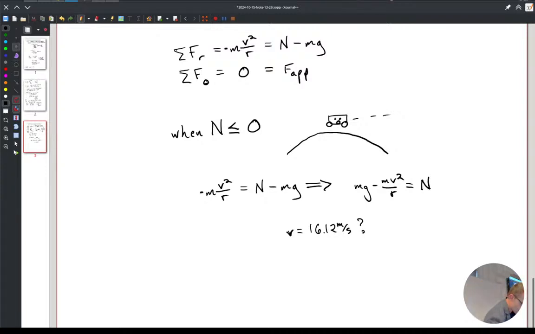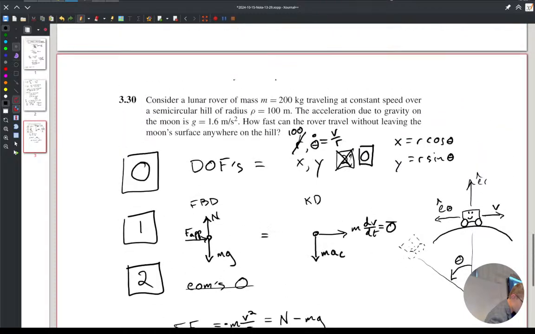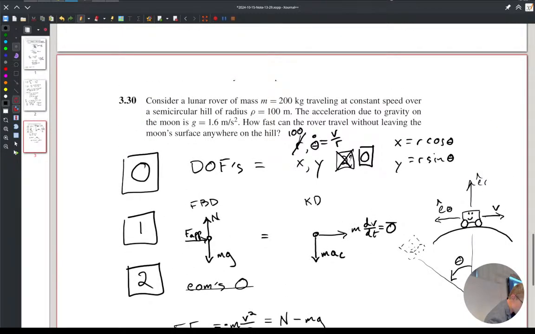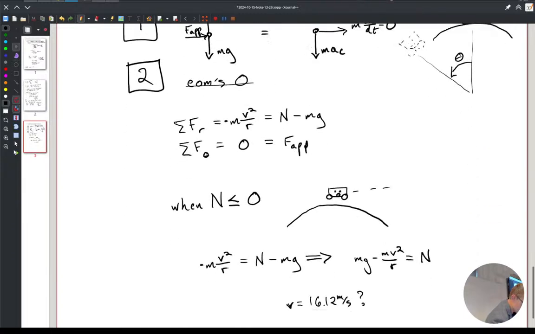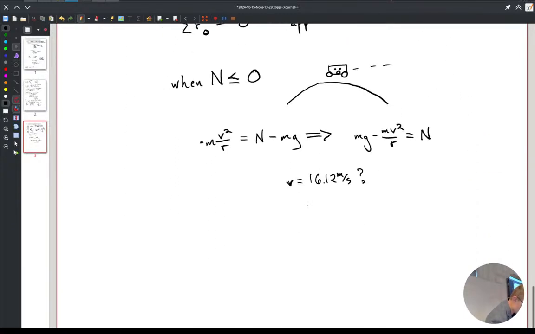I think R is 100. Yeah, 100 and g is 1.6. 12.65. We got 2 of those. Say 2 checks, 1 check here.